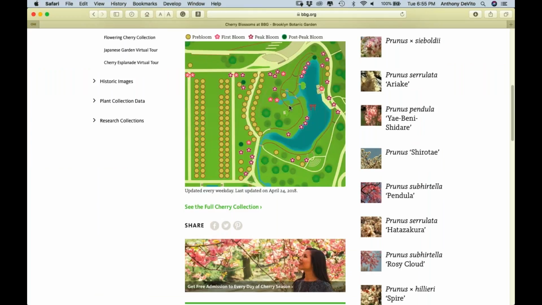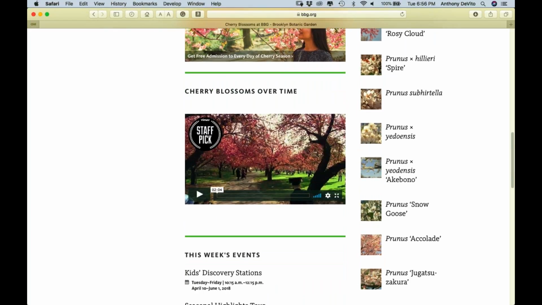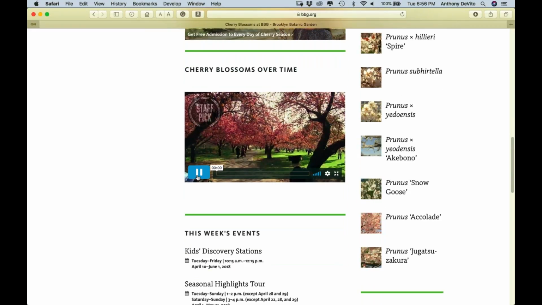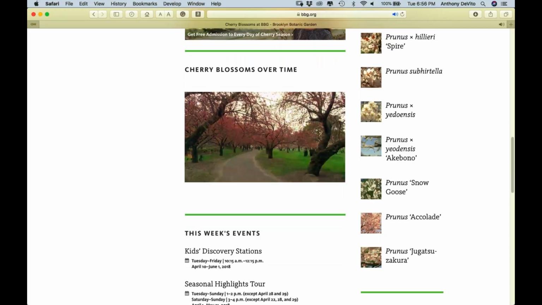So if you went right now, all of the ones around the pond are in bloom, but this spectacular field of them is not in bloom yet. It's a little cold, so it's a little later than usual. They have a festival at the end of April. They may not be in bloom for the festival, but you should keep an eye on it, because it's a great time to go down there and take a look at this. It's really spectacular.